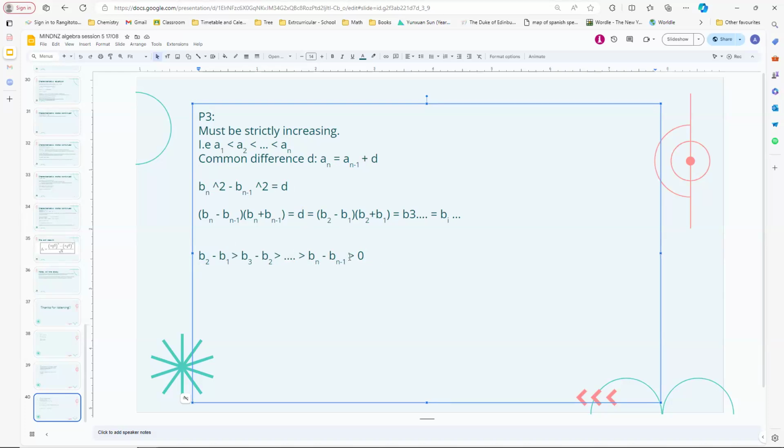But here we run into an issue, right? Because b2 minus b1 is some constant C.